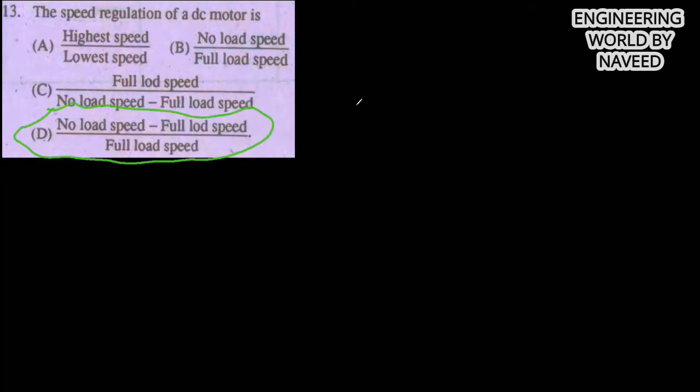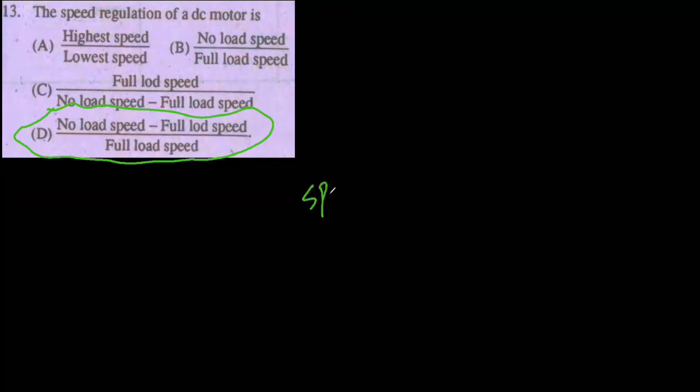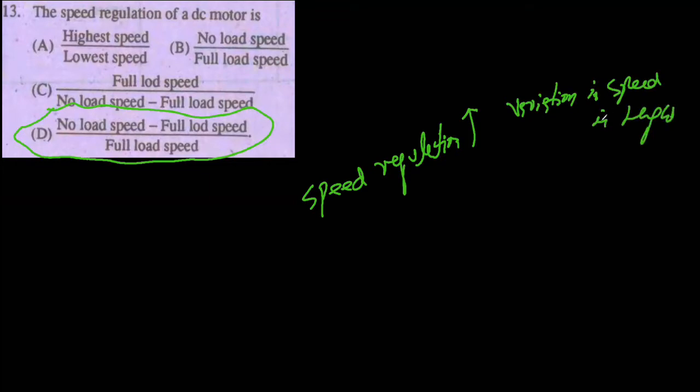And speed regulation tells you about the speed variation. If speed regulation is high, then it means that the variation in speed is high. If speed regulation is low, then it means you have an approximately constant speed.